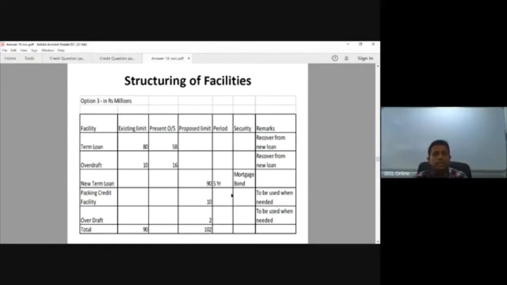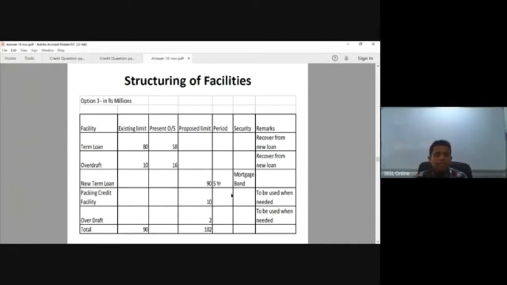First one, 90 million term loan, and we recover the present loan outstanding of 74 million using the 90 million loan. Then we are left with 16 million. 16 million we can use for working capital and machinery, and we are now okay for the current requirement.